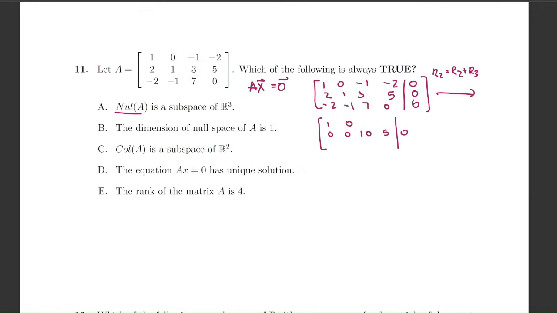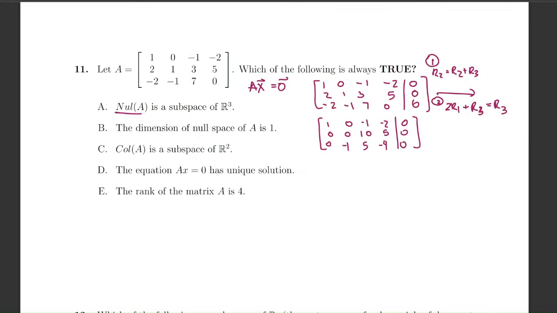And then I'll keep the first row as is. Then I'm going to add 2 times row 1 to row 3, and that'll give me 0, -1, 7 minus 2 is 5, -4, and 0.